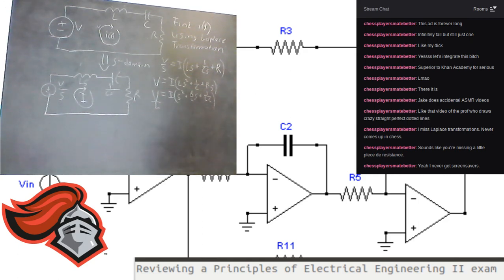So you get this, and then you're trying to find the expression for I, so we just divide to get I to the other side, and then you end up with I equals V over L divided by S squared plus R over L S plus 1 over LC.